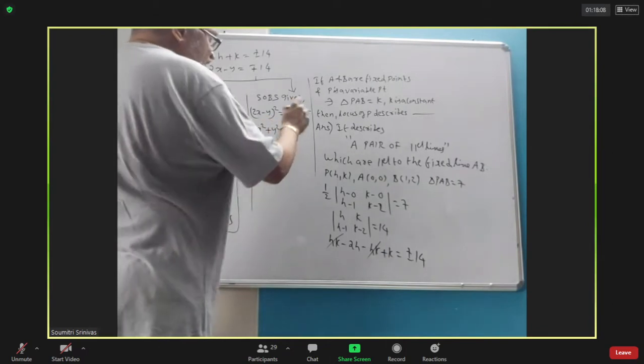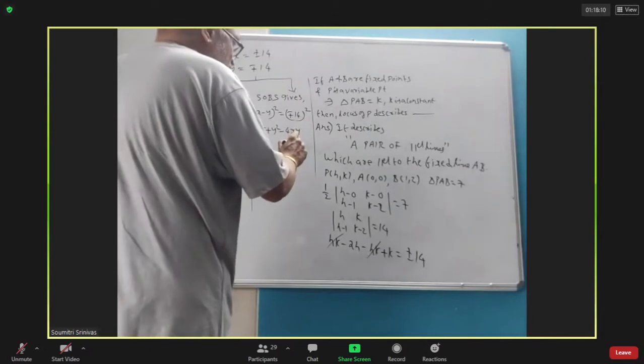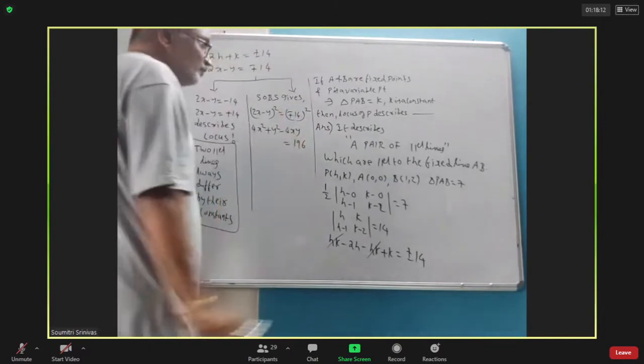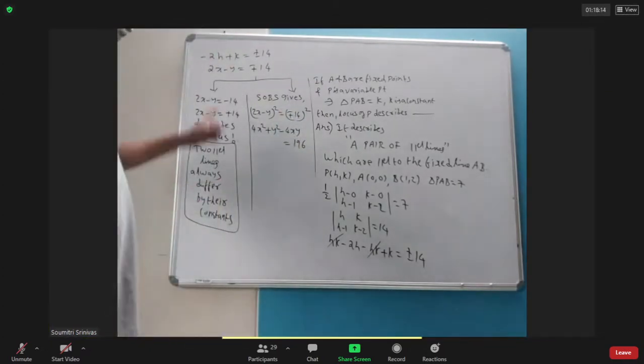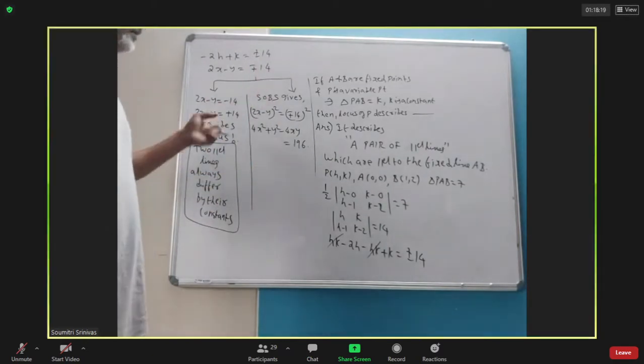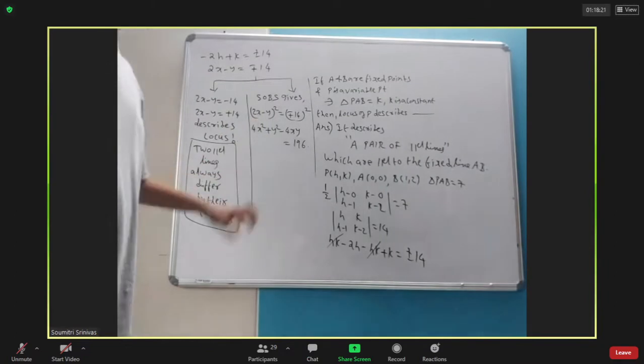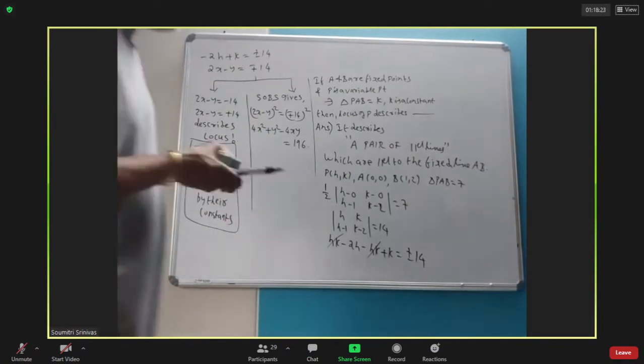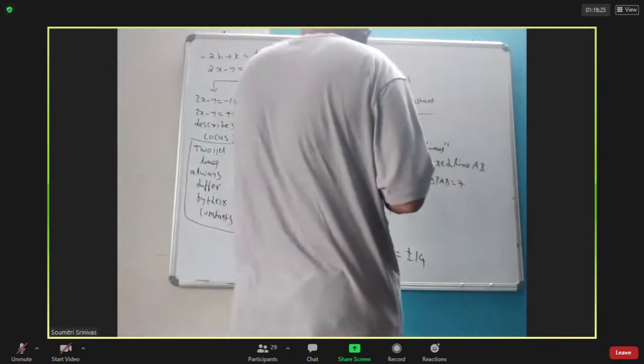Right hand side, what is 14 square? 196. You can write this or this. Sometimes options give this, sometimes they give that. You have to mark the answer based on the option.